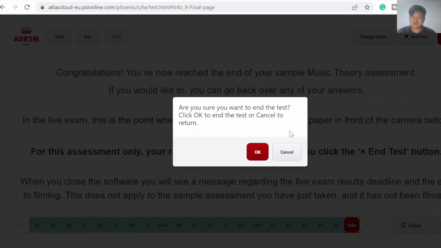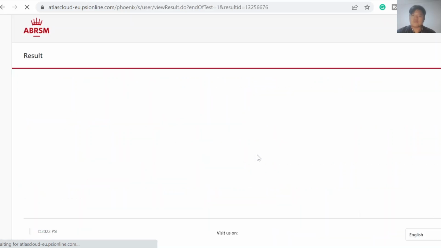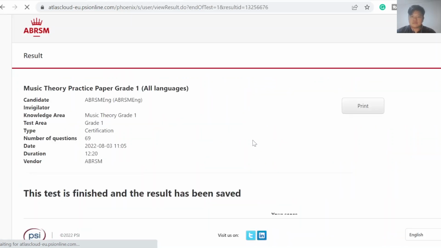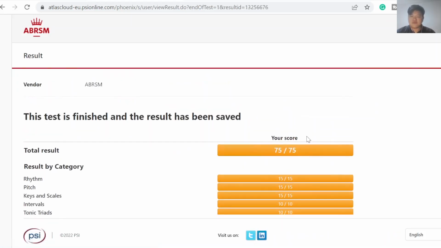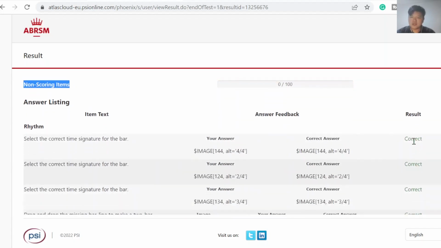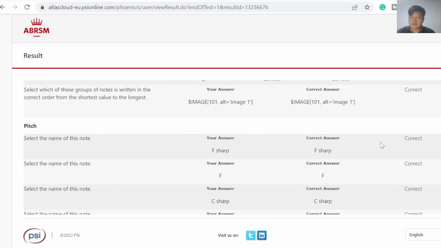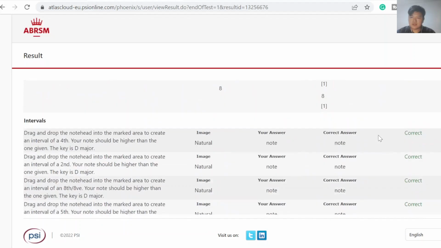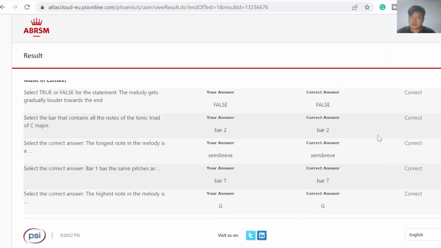And the test. Okay. Ta-da! That's the full marks here. Can you see that? 75 out of 75. Yes, all questions are finished. I don't know what a non-scoring item is, but I have answered all the questions. Then you can see all correct.